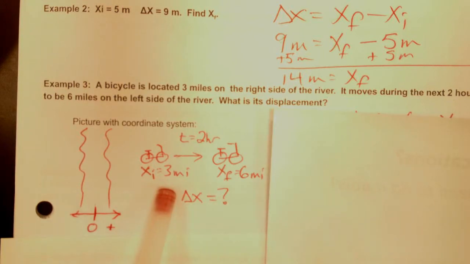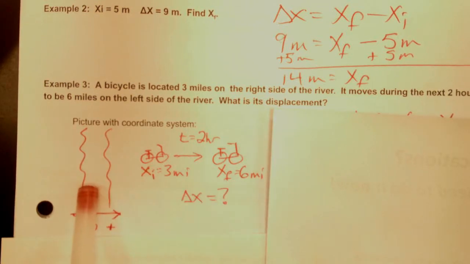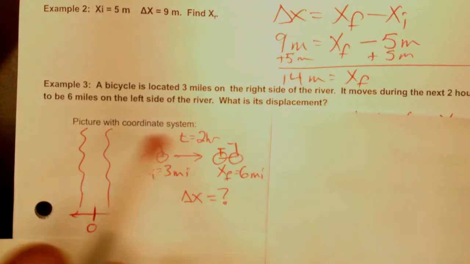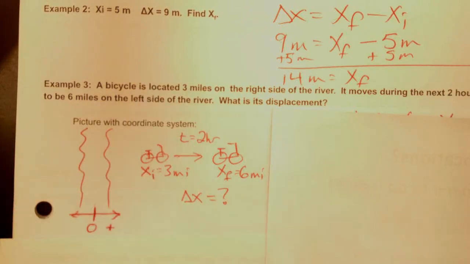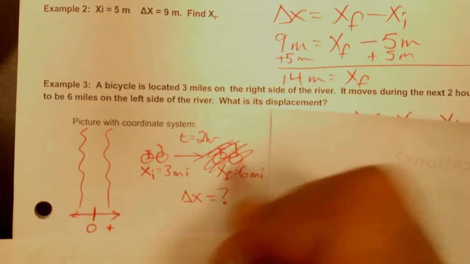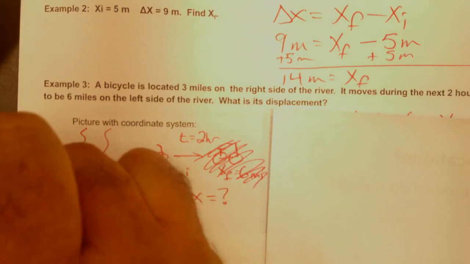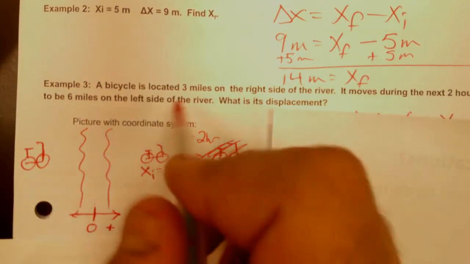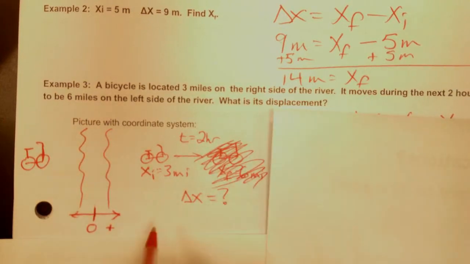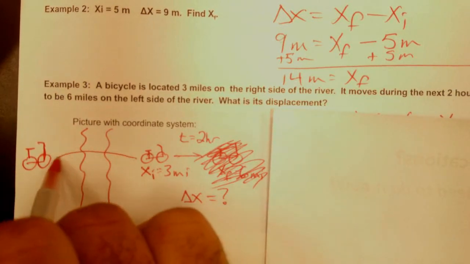Since the location of the bicycle is indicated as 3 miles on the right side of the river, whoop, I just realized that I wrote something wrong. It says 6 miles on the left side of the river. It's not here. It's over here. And it's 2 hours still. We want to know the displacement from here to there.